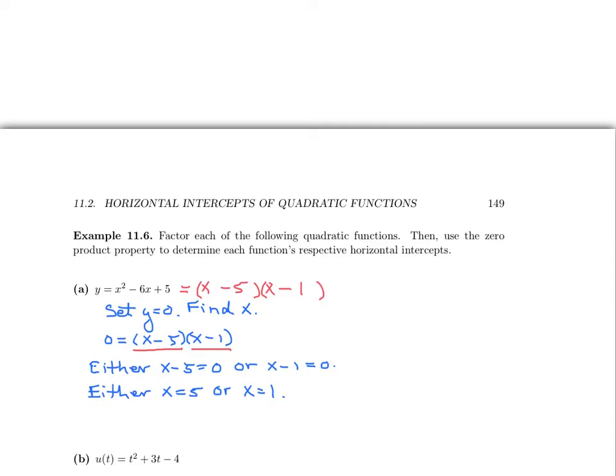So our conclusion here is that there are two horizontal intercepts, and they are located at x equals 5 and x equals 1. That's where we would look for them on a graph.